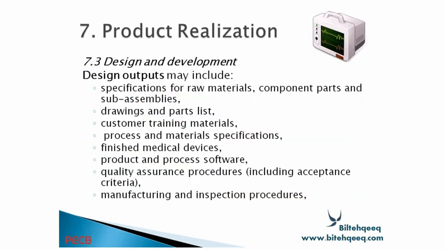And design output may include specification for the raw materials, component parts and sub-assemblies, drawing and parts trays, customer training material, process and material specification, finished medical devices, product and process software, quality assurance procedures, including acceptance criteria, manufacturing and inspection procedures.